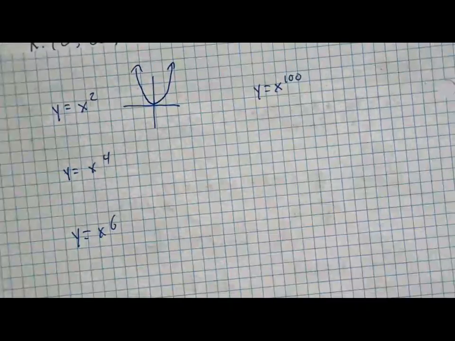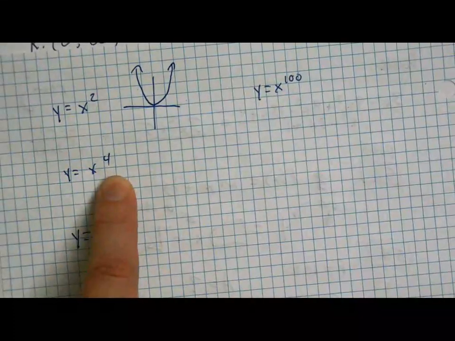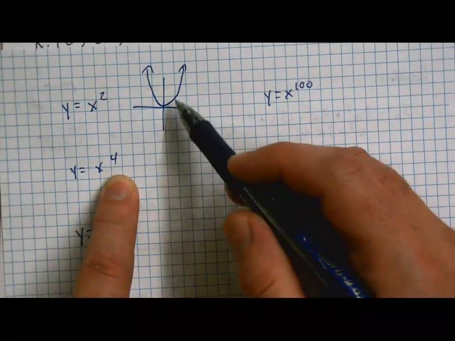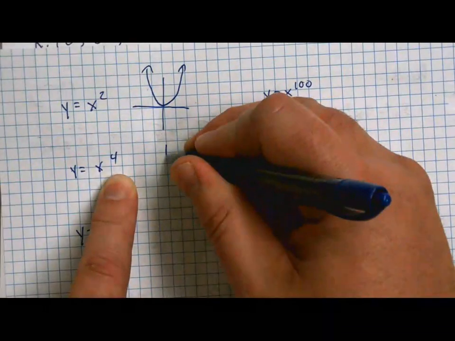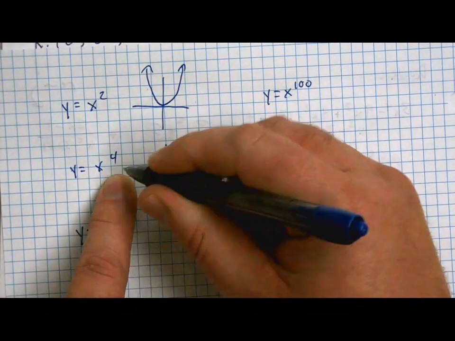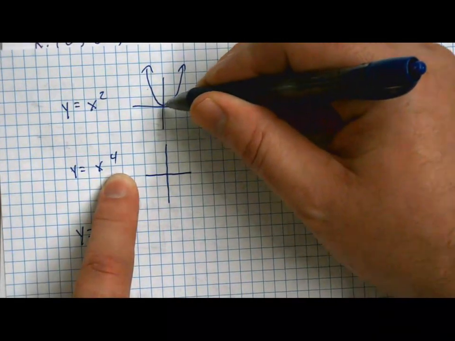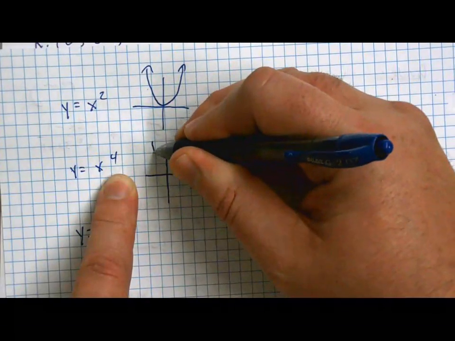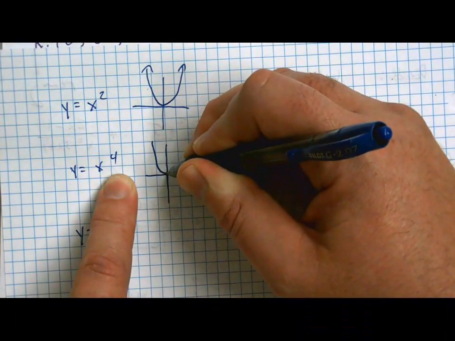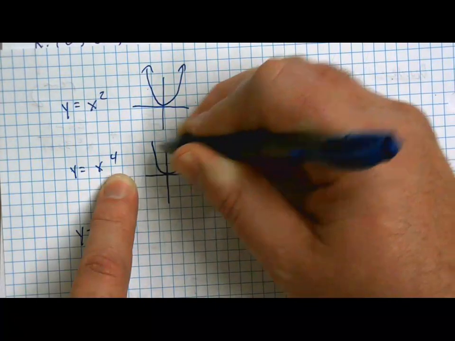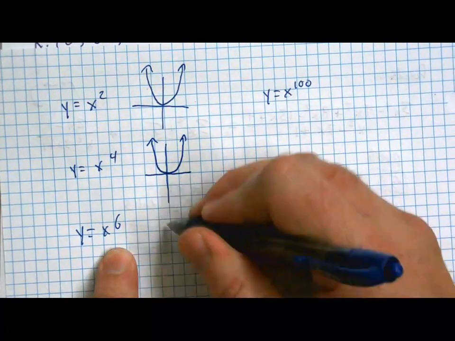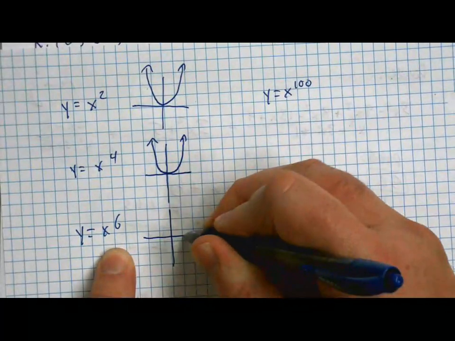As we start increasing the exponent, but we keep it even, it's always going to stay in that same shape.